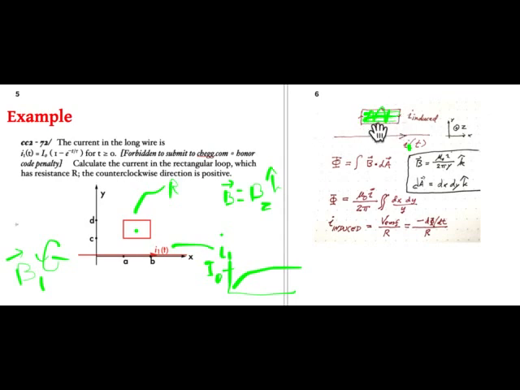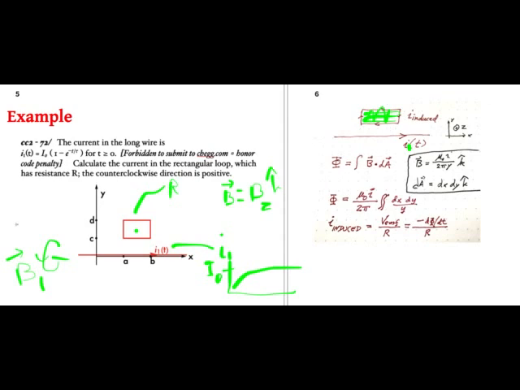Now, what's the magnetic field up here? Well, that's something we learned last week. The magnetic field due to a current in a long wire is mu naught I over 2 pi r, or 2 pi rho. R, or rho, is the perpendicular distance from the wire to the point I'm talking about.